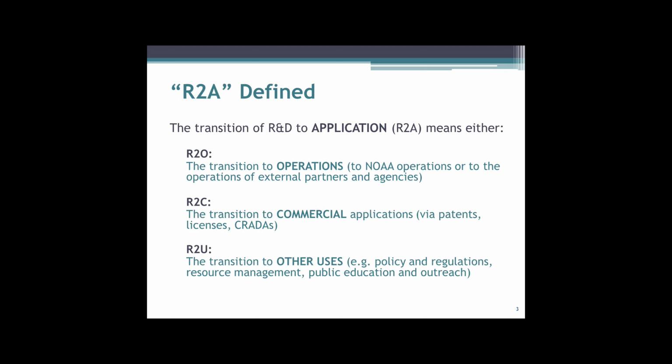So, for example, the climate assessment is done by NOAA or led by NOAA, and these reports are used for these purposes. The National Ocean Service gets tasked to do studies on the impacts of wind farms offshore and their impact on the ocean and wildlife and fisheries, that sort of thing. So those are examples of R2U.